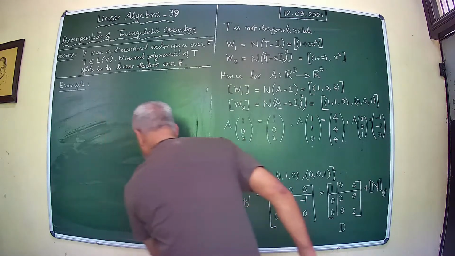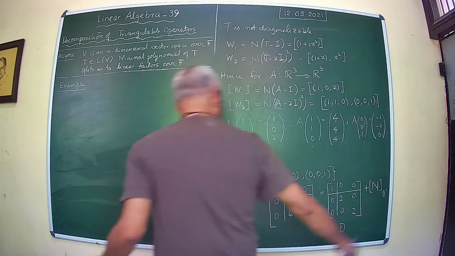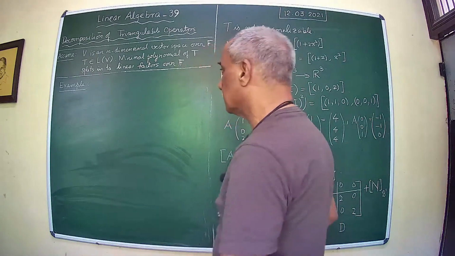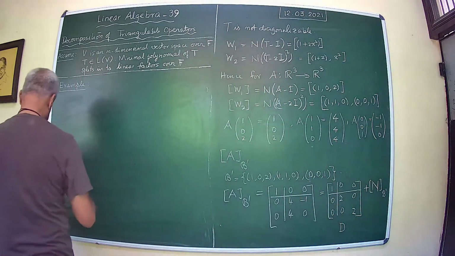So let me write down N. So N is equal to B prime.